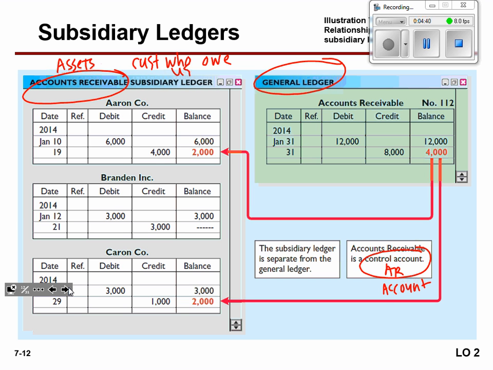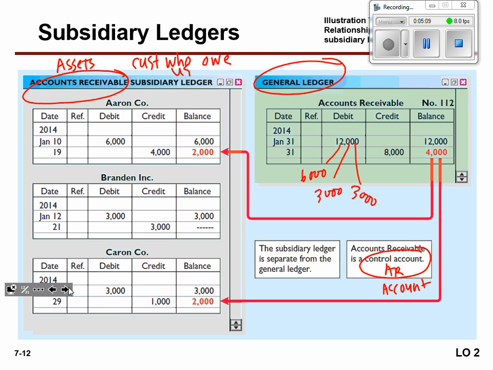I'm just going to make a little mark over here. $6,000. Brandon has $3,000. Karen has $3,000. That miraculously equals $12,000. So the little debits going on in the subsidiary ledger talk to the control account.